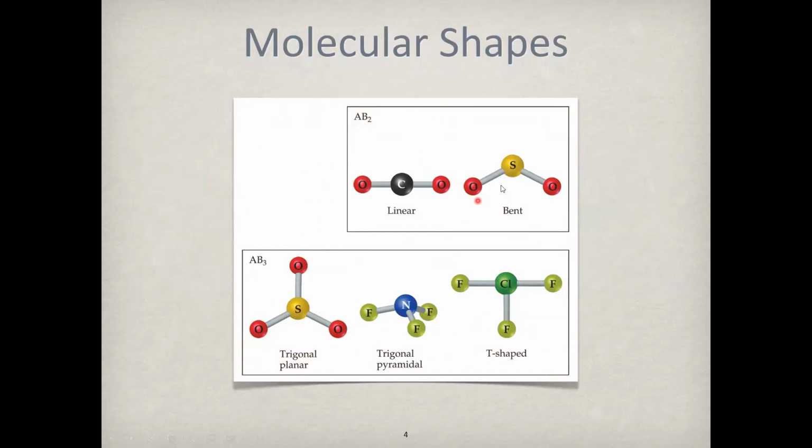So if we look at just a couple generic examples, we've got AB2 and AB3. What this is referring to is that A is the central atom, and B in each case is going to be the terminal atom. And we'll see, even though in the top two, carbon dioxide and sulfur dioxide, we've got the central atom and then just two oxygens, if we drew the Lewis structures, they may wind up looking pretty similar just because we're going to have one central atom and two terminal.